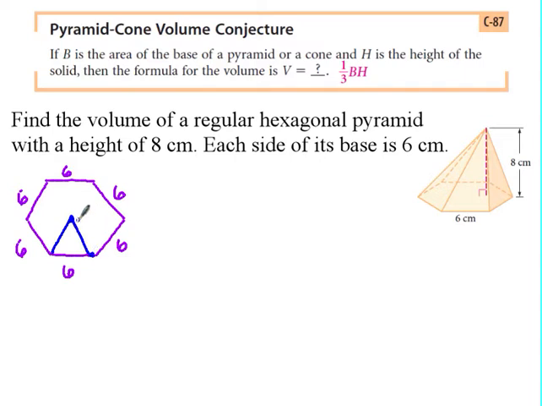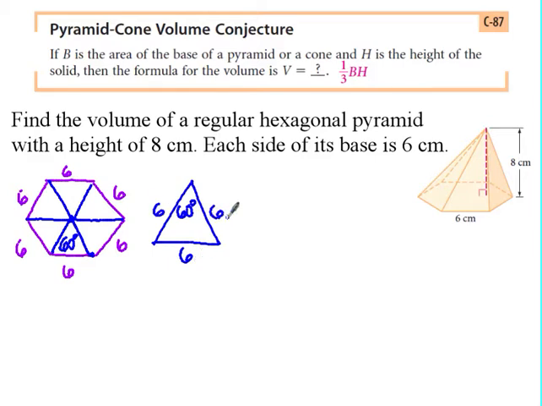So if I break this into 6 triangles, what would be my angle here in the middle? 60. So really by breaking it into triangles, I've got 6 here. What do I know about these two sides? They're the same, and they are 6 as well.